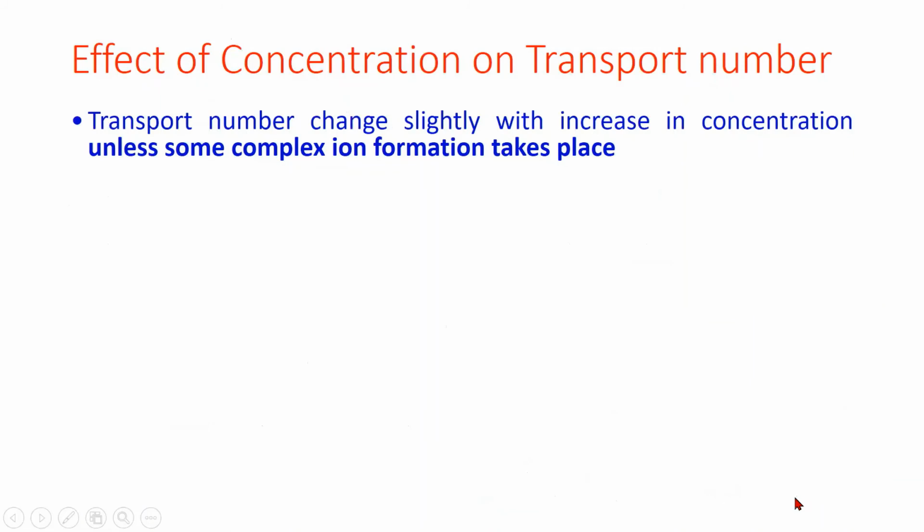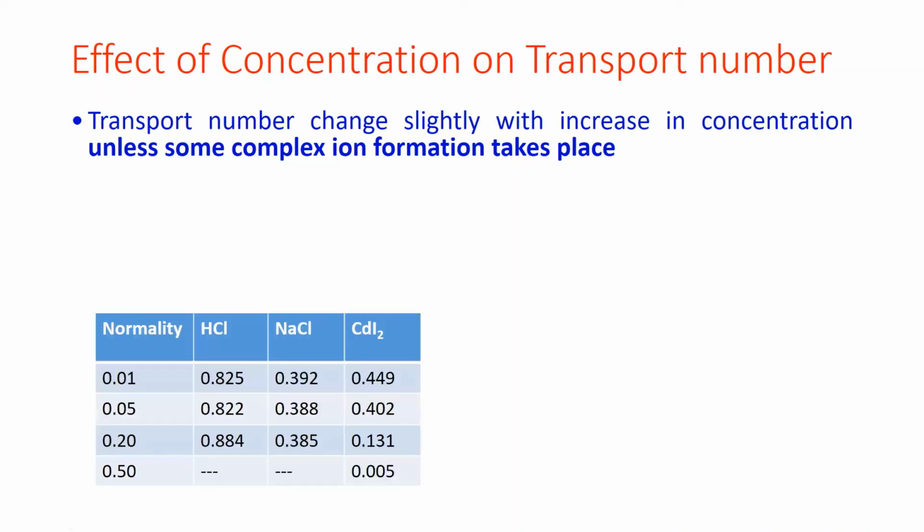The transport number changes slightly with the increase in concentration unless some complex ion formation takes place. We can see the transport number of HCl, sodium chloride and CdI2 with increase in concentration.